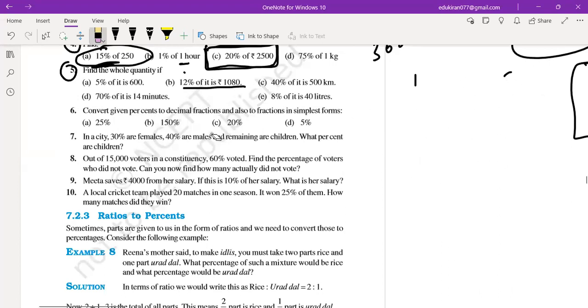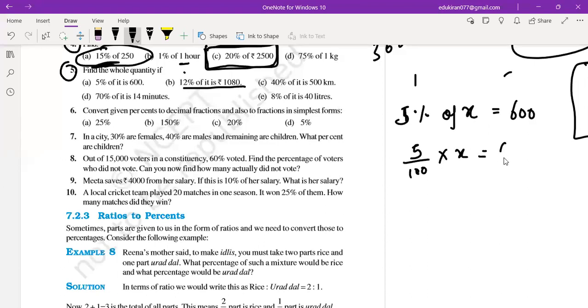Let's just write the question first. 5% of it means you don't know, it is x. 600, right? So 5 by 100 of x is 600. So now what you have to do? You have to just find the value of x.